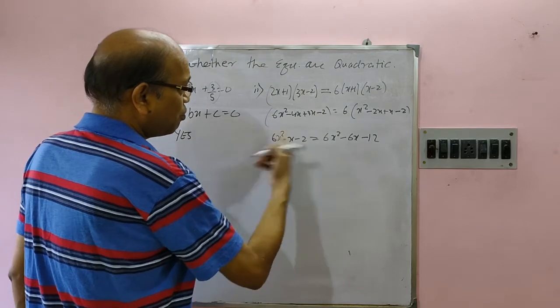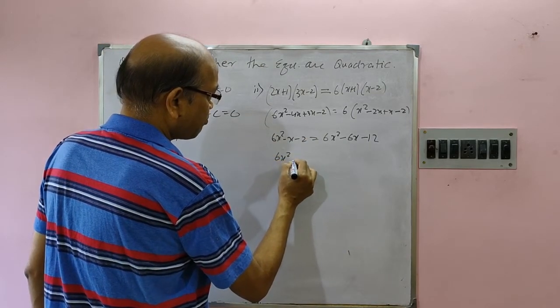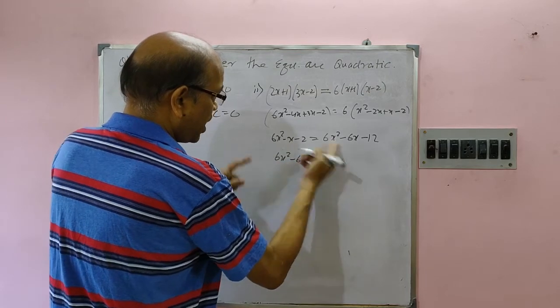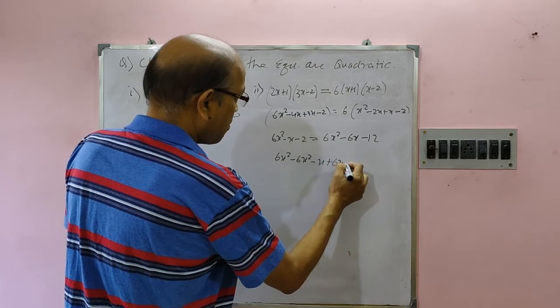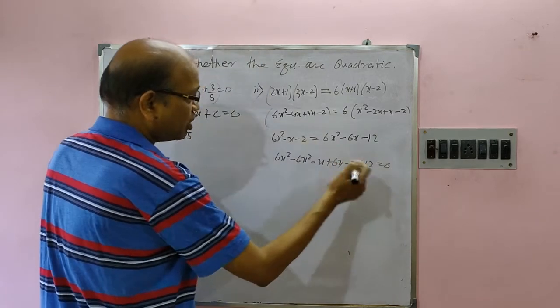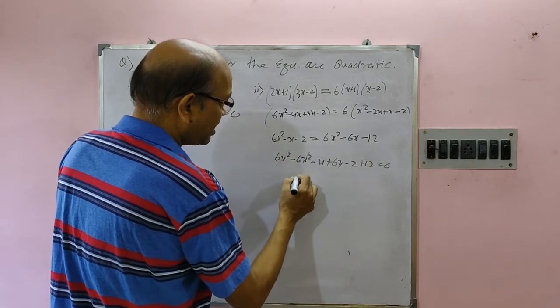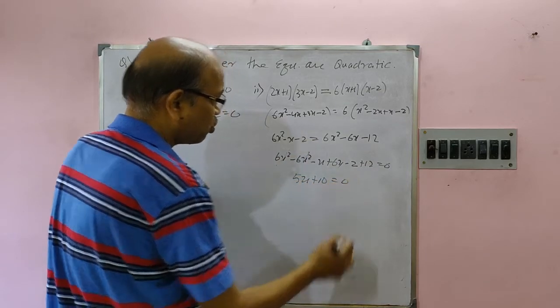Now we bring everything to one side. What I get is 6x squared minus 6x squared minus x plus 6x minus 2 plus 12 equals to 0. So what I get here is 5x plus 10 equals to 0.